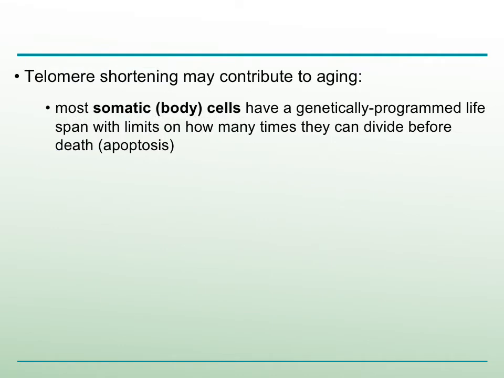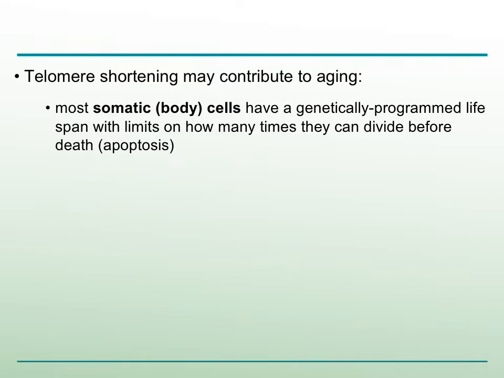But after many rounds of DNA replication and cell division, the telomeres will be eroded and some of the more internal and more important sequences for gene expression may become degraded. And therefore, the shortening of telomeres appears to contribute to the aging process.